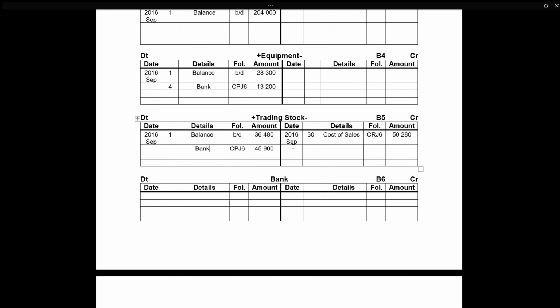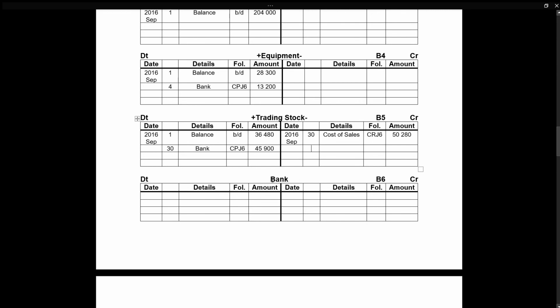In other words, trading stock is being debited. Where will you find your credit? In the bank account. It's a total of a column, therefore we are going to use the last day of the month. So for the credit side, my trading stock is being credited. Where will I find my debit? In my cost of sales column, which I still need to fill in. Right, I'll come back for the balancing a bit later.